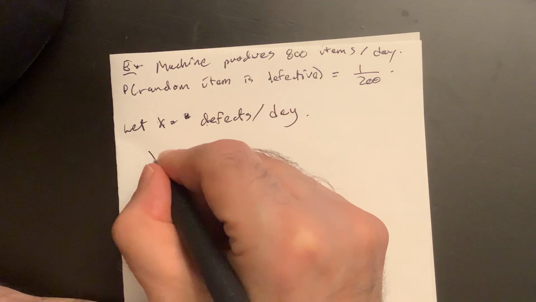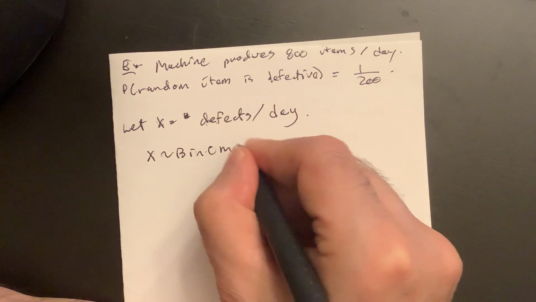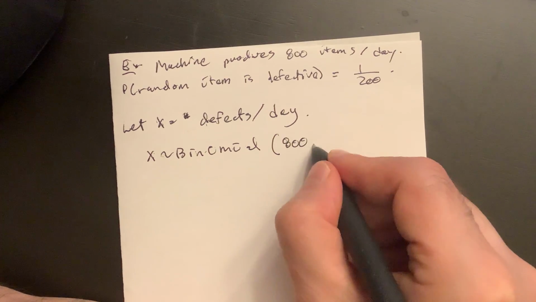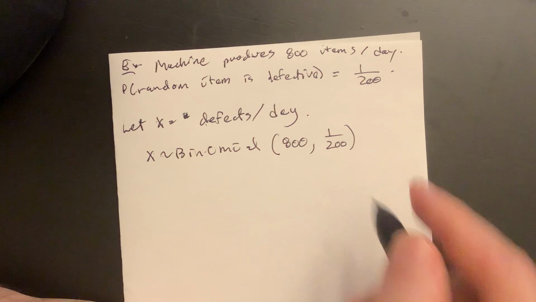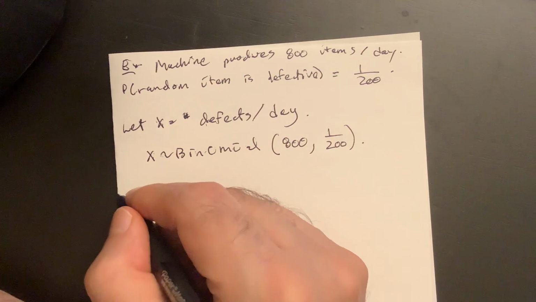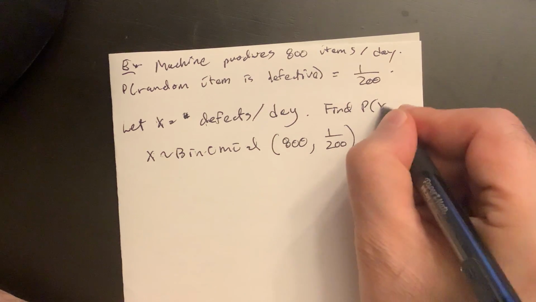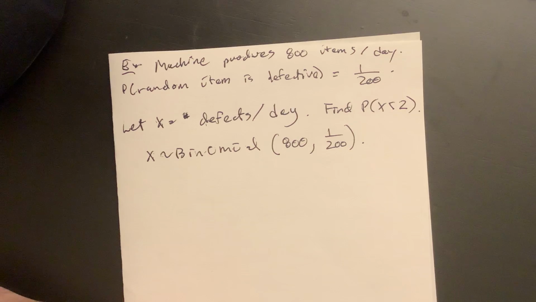So suppose we say x is binomial 800, 1 over 200. And let's say find P(x less than 2), strictly less than 2.